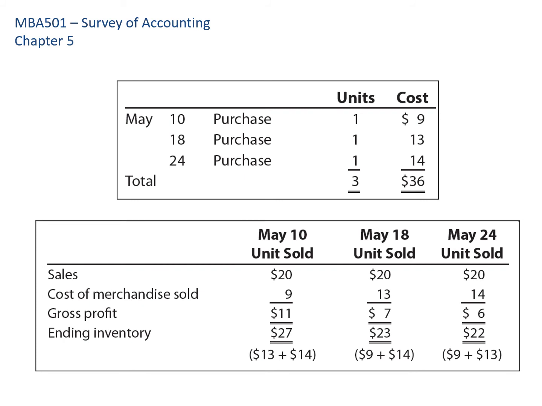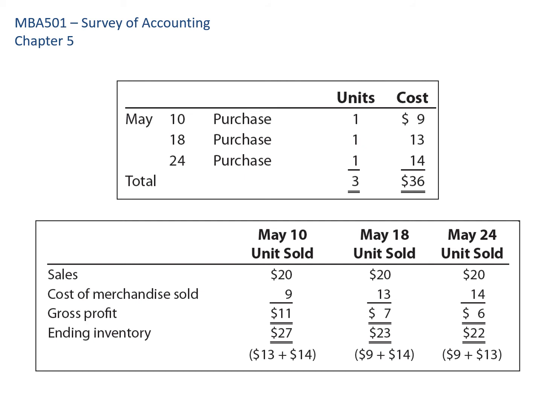Here I've got 3 items in inventory. I bought one on the 10th, one on the 18th, and one on the 24th at 3 different costs you can see there. So depending upon which item I associate with the sale that I make, I sell the product for $20. If I assume it's the oldest one, then my cost of merchandise is $9 and the ending inventory is the $13 and the $14 one.